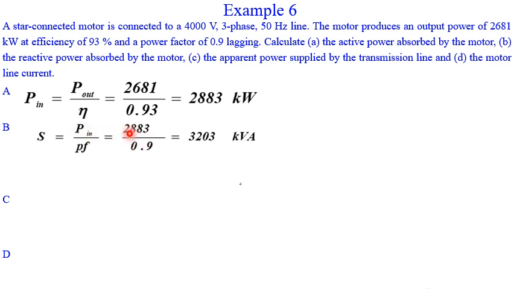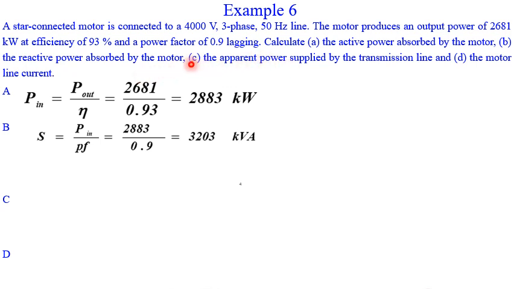P in is 2883 divided by our power factor of 0.9. Then we get our apparent power as 3203 kVA. Please, the units are very important because the units will tell you the kind of power you have calculated.